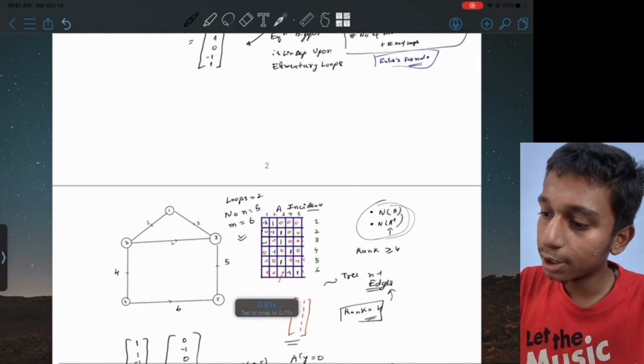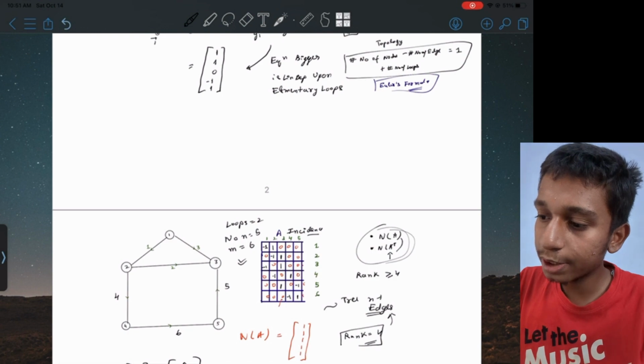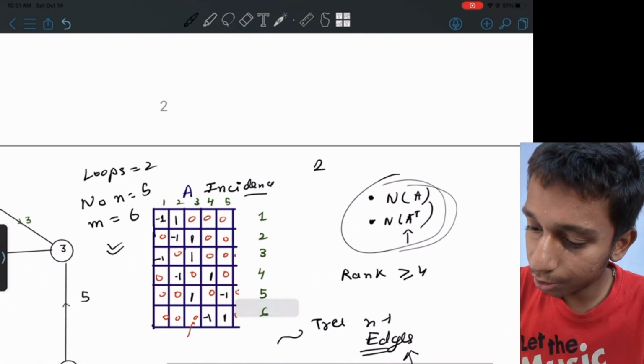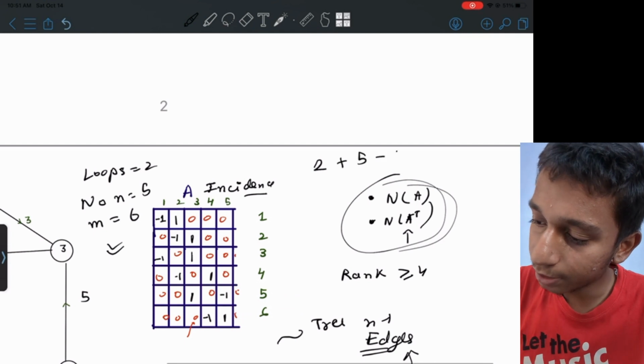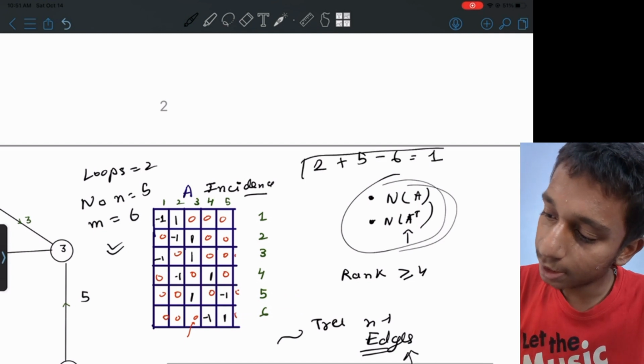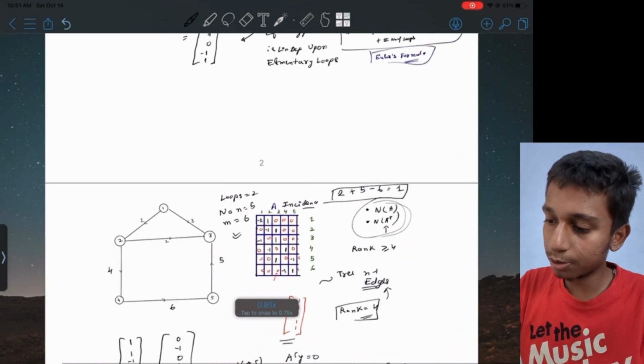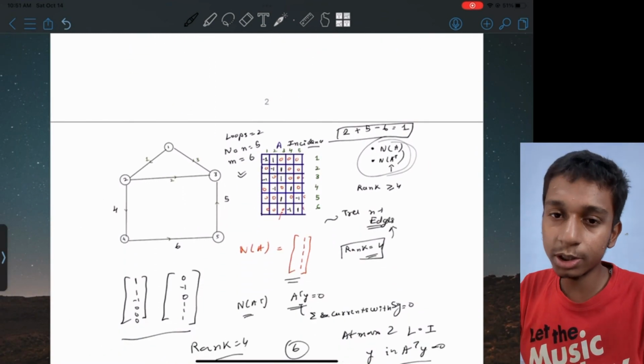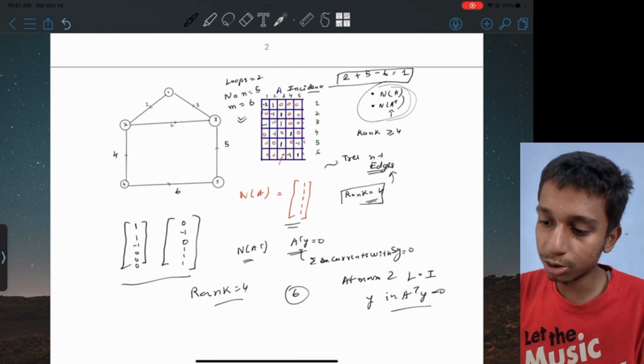Now the relation was, we want to get the number of nodes plus loops minus edges, which is 2 plus 5 minus 6, and this comes out to be exactly 1. So the formula that we had derived earlier and Euler's original relation is also valid over here.